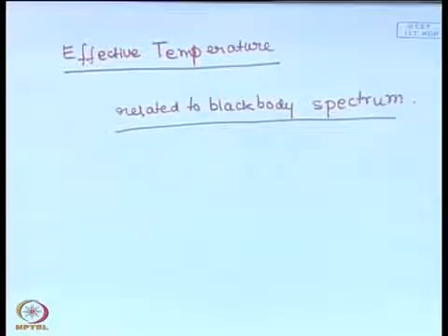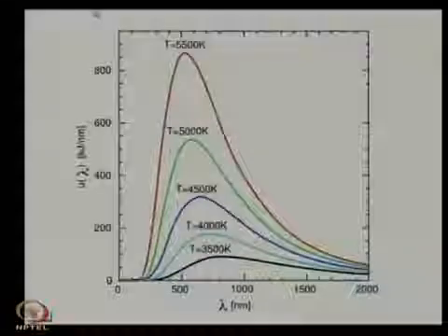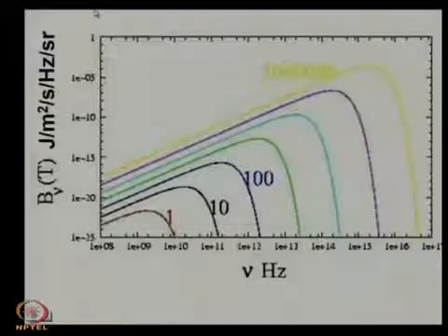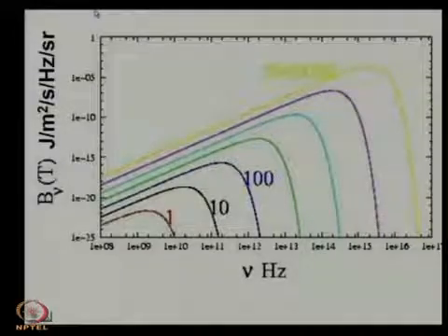And there are different effective temperatures which are used in astrophysics. So, let me go through this. One of them is called the brightness temperature.